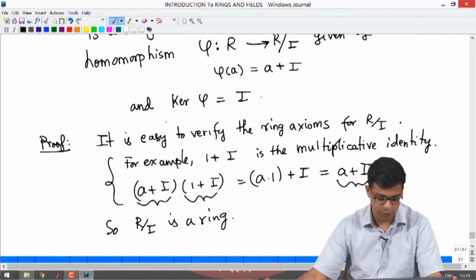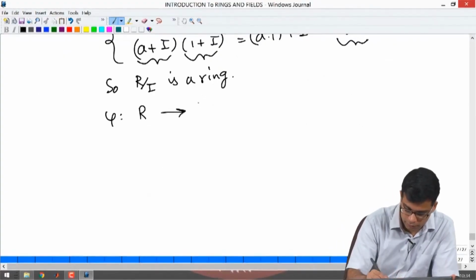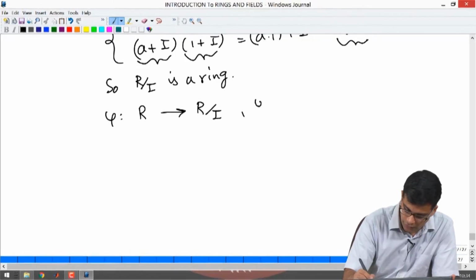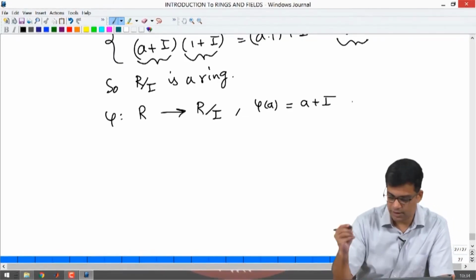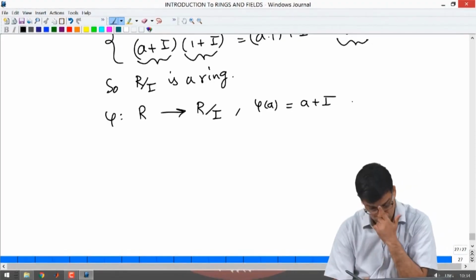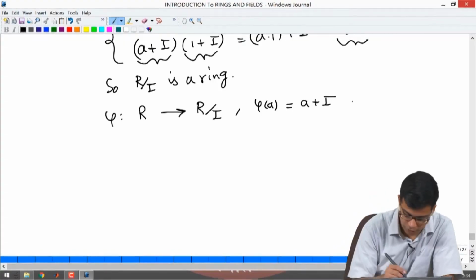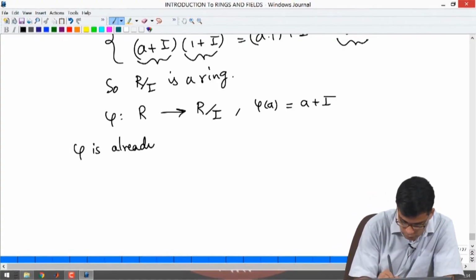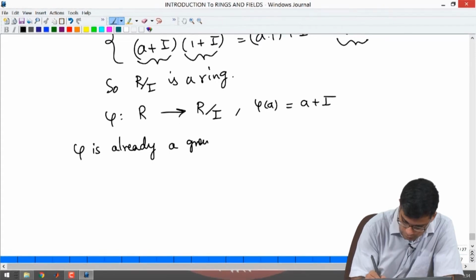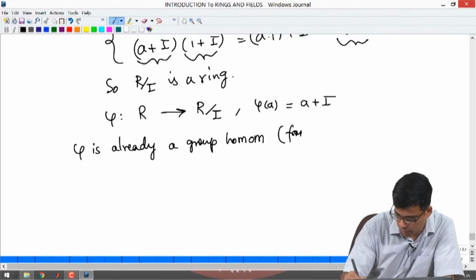On the other hand, let us prove that we have already given a map R to R mod I, phi of a is a plus I. This is also easy to check. Why is it a ring homomorphism? So, what we need to check? Phi is already a group homomorphism. This is from group theory, right?